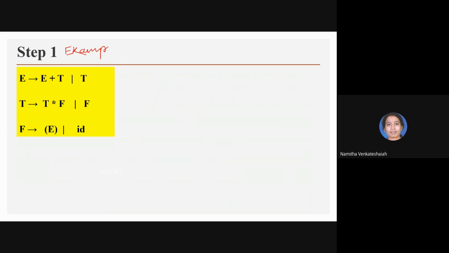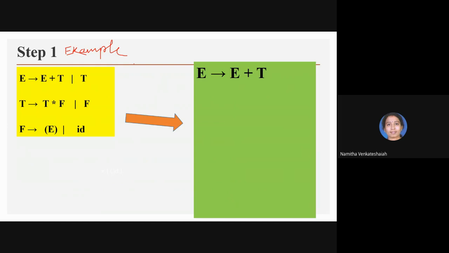So, what is step one? Step one is rewriting and numbering. In LL, the rewriting is different: there you make it non-left-recursive by removing left recursion and left factoring. Those things are not there here. Here, what you are supposed to do is rewrite the productions separately. For example, if I have E produces E plus T or T, I will write E produces E plus T as one production and E produces T as another. Are you understanding?